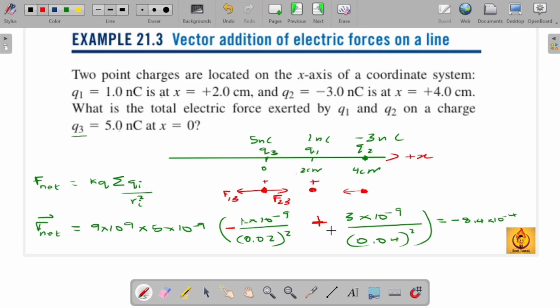From here, why did I put a negative here? This is the force of Q2 on Q3. So that's the one that goes to the right. So it's positive. May you redo it again?